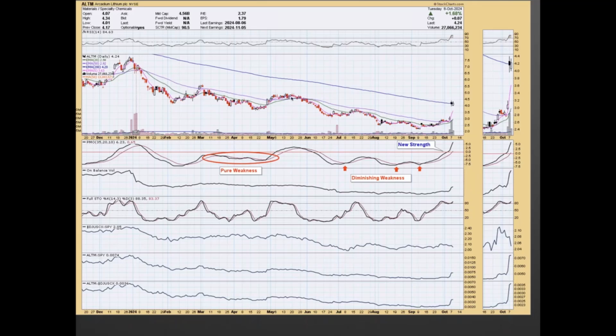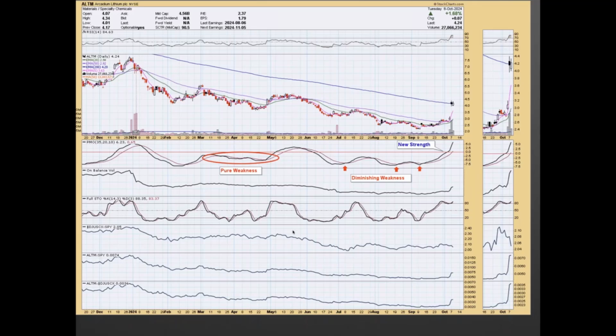We were getting this rally here. Notice when stochastics started to drop, so did price. That gave us a really good sign that it was time to get out of that stock. And of course, the PMO was also confirming. It gave us a crossover sell signal right about here as the stochastics were moving down.